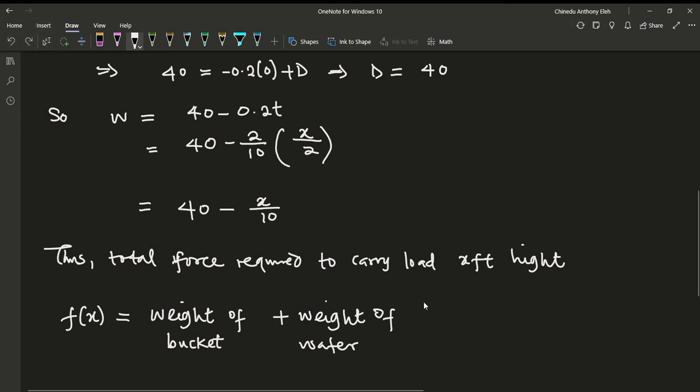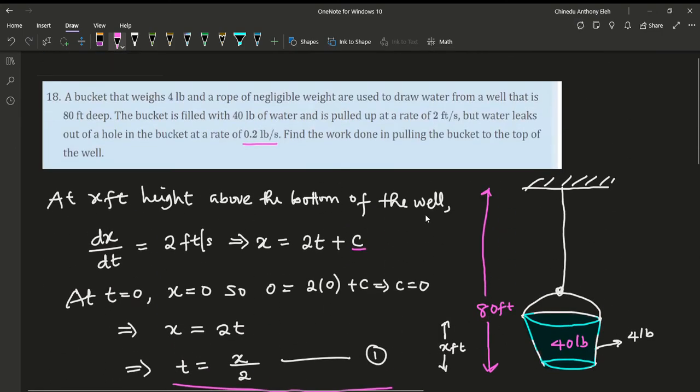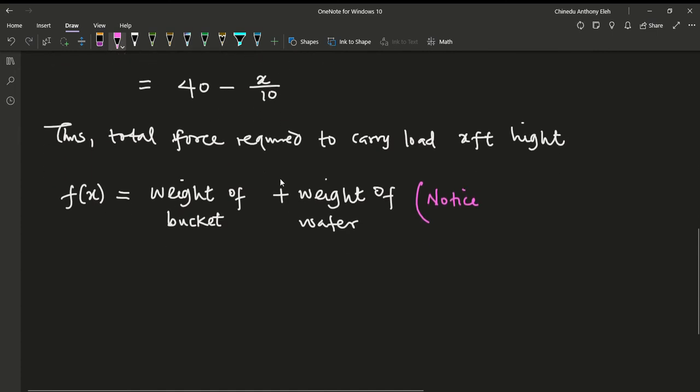we are meant to add the weight of the rope, but notice that we were told the rope has a negligible weight, which means the weight of the rope is sort of zero.